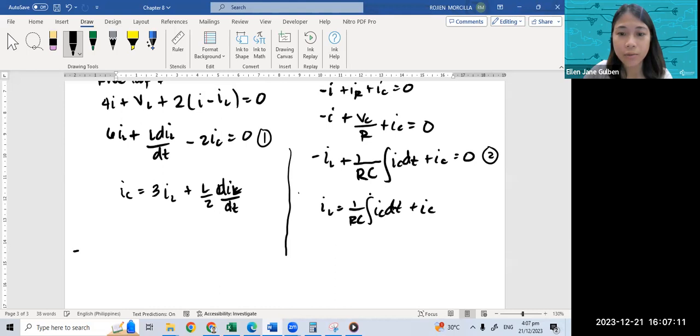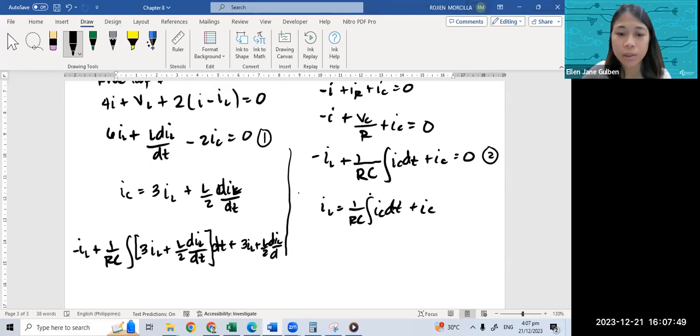So negative IL plus 1 over RC integral of 3 IL plus L over 2 dIL over dt, plus another IC, which is 3 IL plus L over 2 dIL over dt.